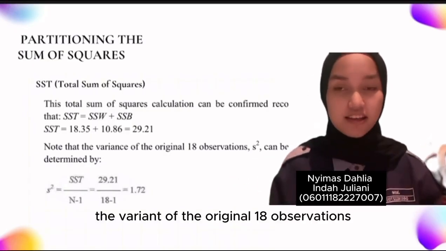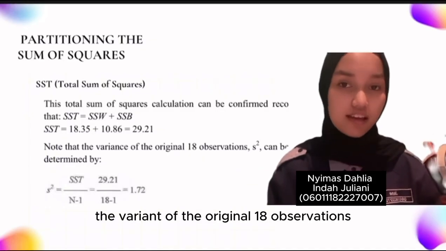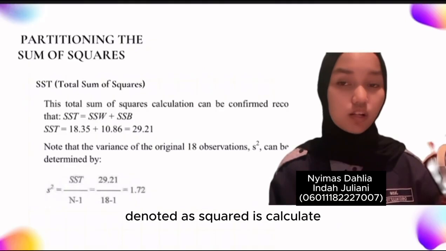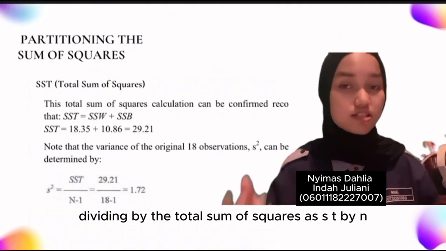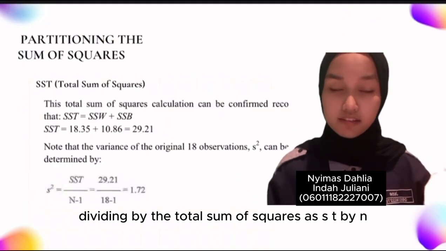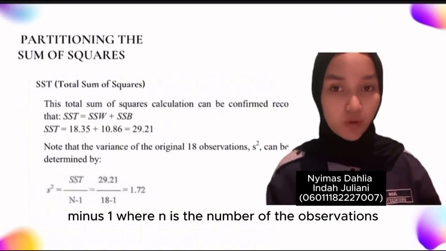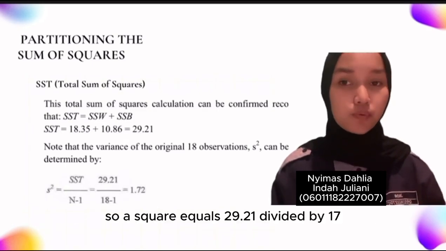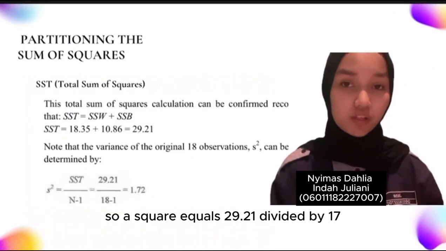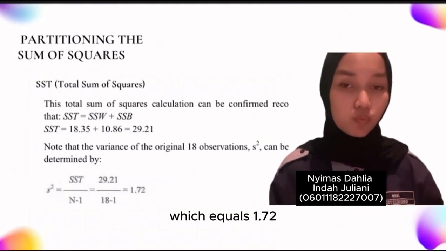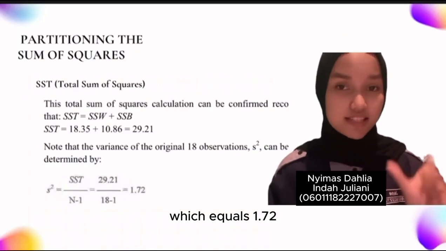The variance of the original 18 observations, denoted s squared, is calculated by dividing the total sum of squares SST by n minus 1, where n is the number of observations. So s squared equals 29.21 divided by 17, which equals 1.72.